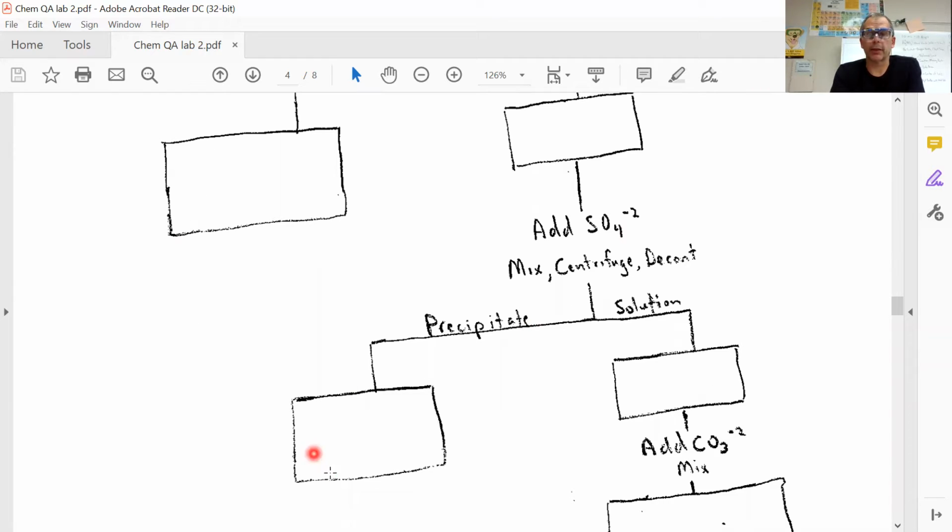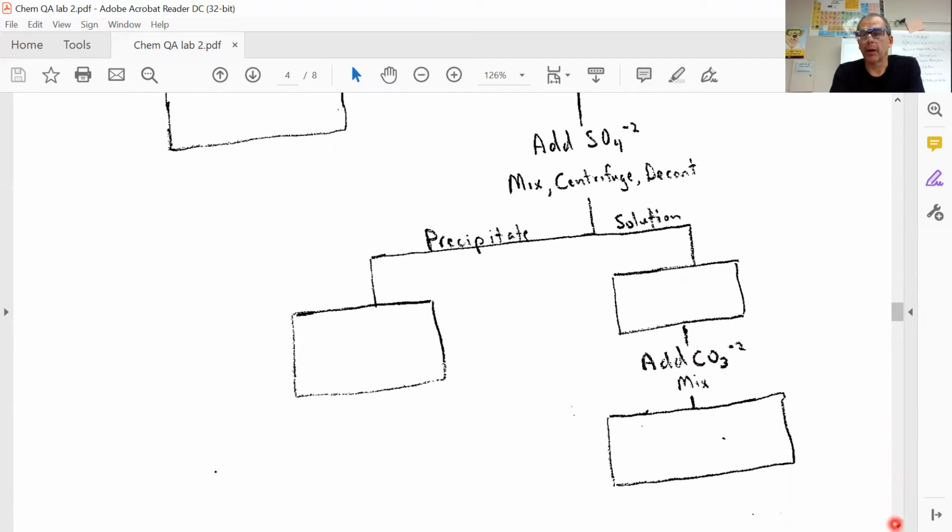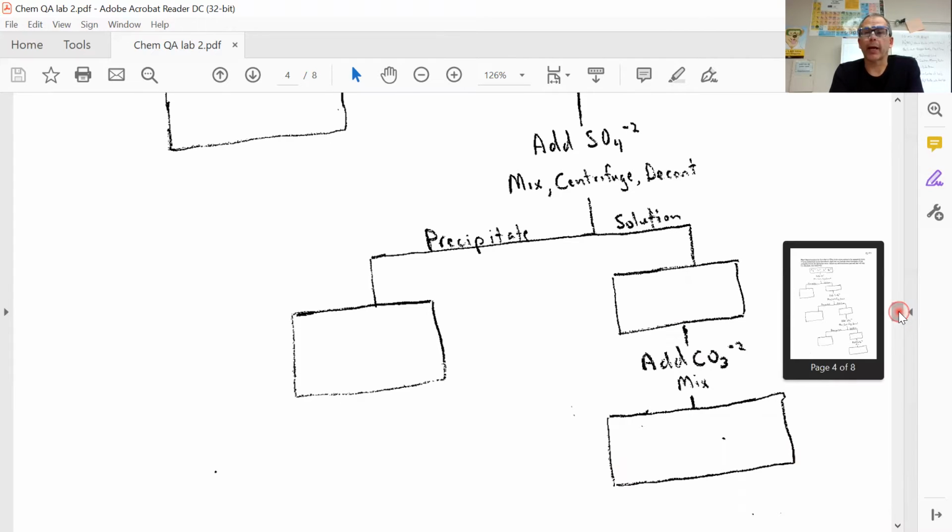And then finally I add CO3 to see if I get a positive test for this ion right here. So that is my plan of operations.